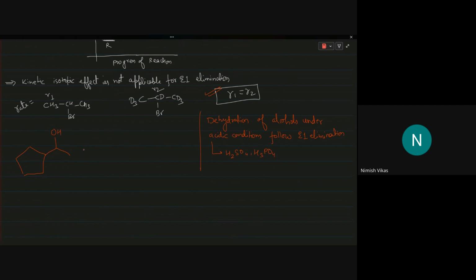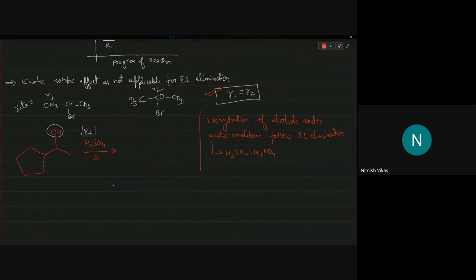So suppose this is the alcohol, sir, and on this particular alcohol you are treating it with H2SO4 and heating the compound. Which mechanism will be followed over here? Tell me quickly. E1, because in the presence of acid I'm doing the elimination of an alcohol. So this will be the E1 elimination.